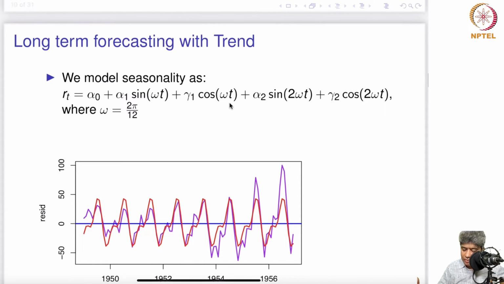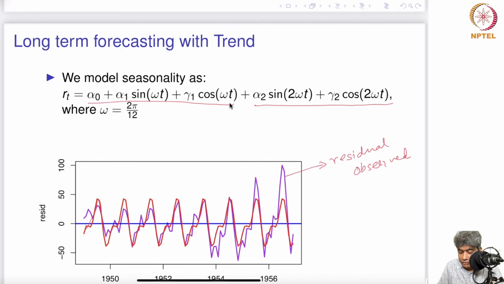Now what about after the first Fourier term, what if we take the second Fourier term? We can add alpha 2 sine 2 omega t plus gamma 2 cos 2 omega t, and you can clearly see this purple line is the true, observed residual, and this red line is the estimated one from the model.